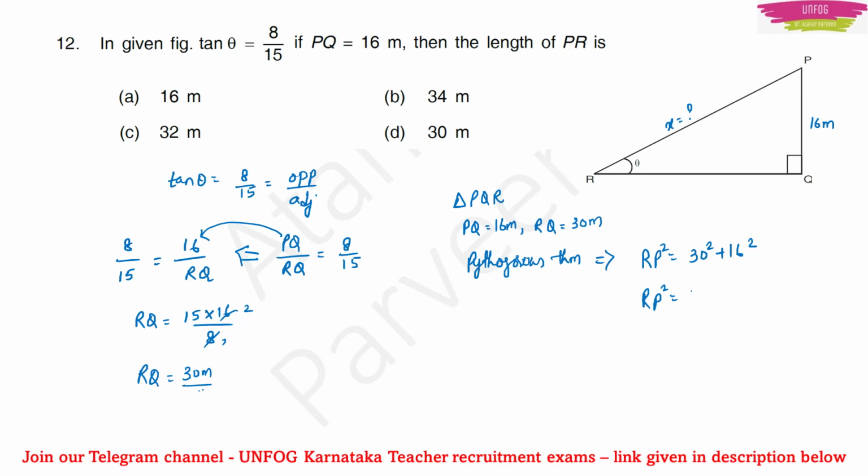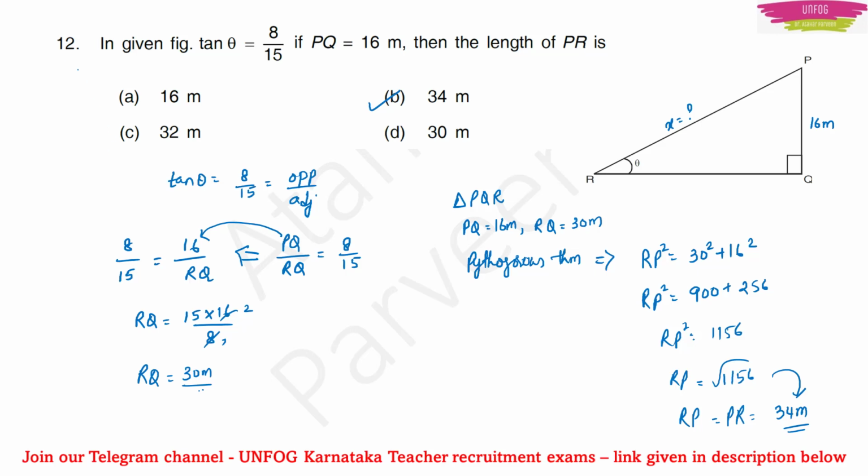So RP square will be equal to 900 plus 256, or RP square is equal to 1156. I will not write square now. I will put the square root in the right hand side. So RP will be equal to square root of 1156, or RP or PR, both are same only, right? So this is equal to 34 meter. Square root of 1156 will be 34 meter. So option B will be the correct answer.